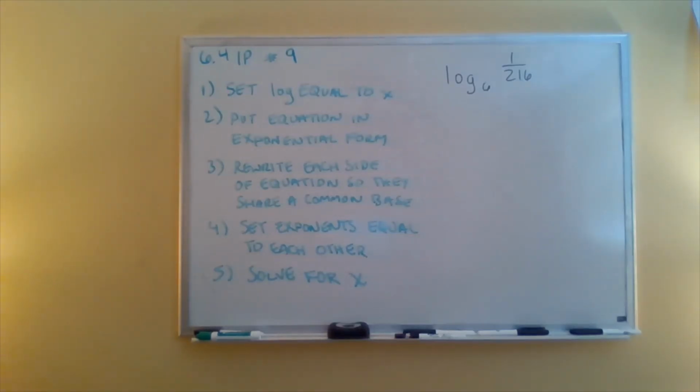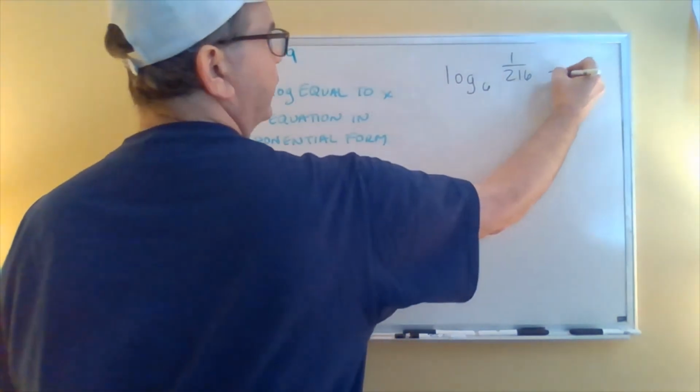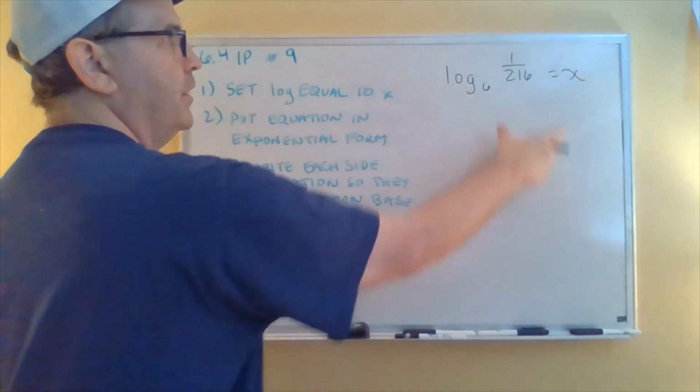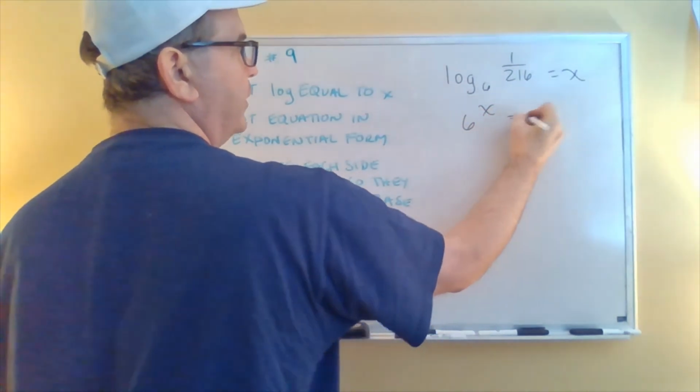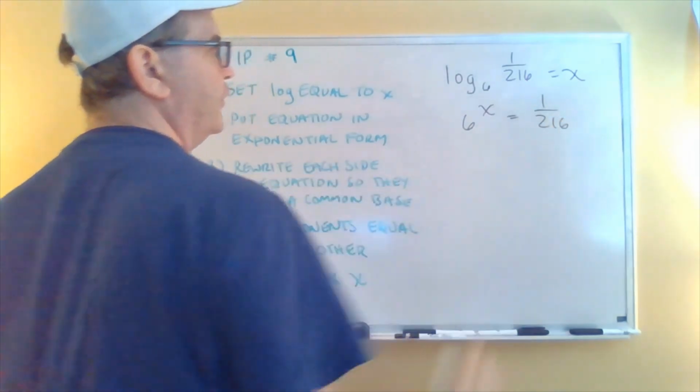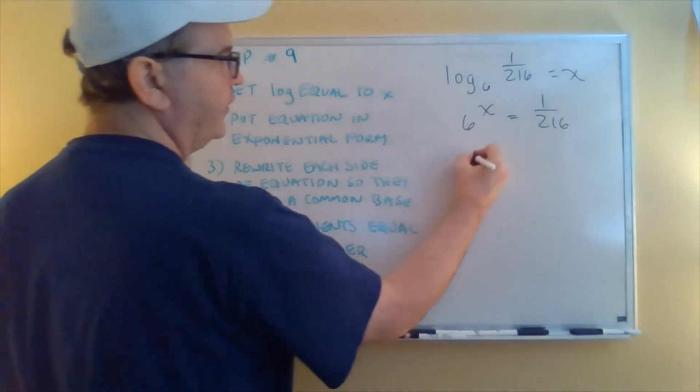In number 9, we need to evaluate log base 6 of 1 over 216. So let's set that expression equal to x and then rewrite this equation in exponential form. So we'll get 6 to the x power equals 1 over 216. For step 3, we need to rewrite each side so they share a common base.